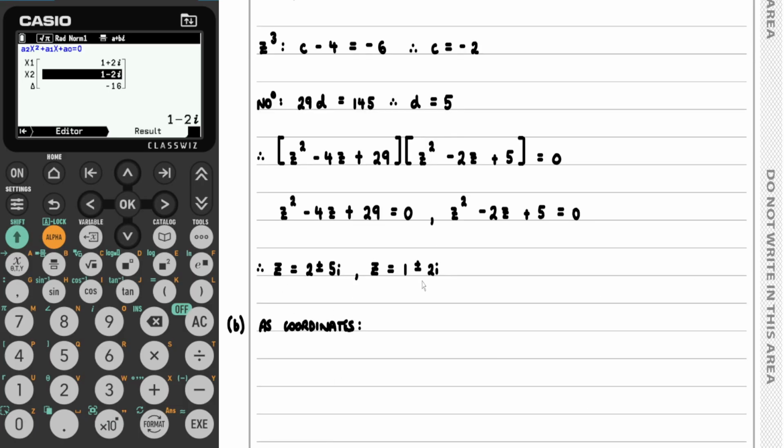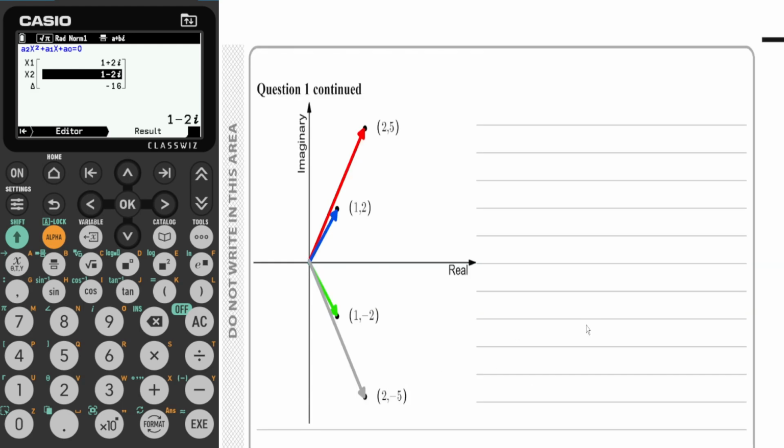As coordinates, we can write these roots as (2, 5), (2, negative 5), (1, 2), (1, negative 2). And therefore we can plot these on an Argand diagram. That is what we see here.